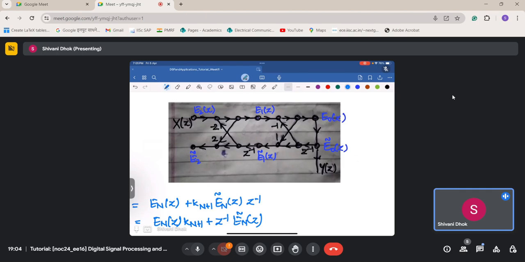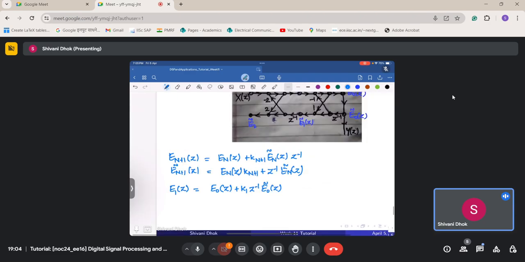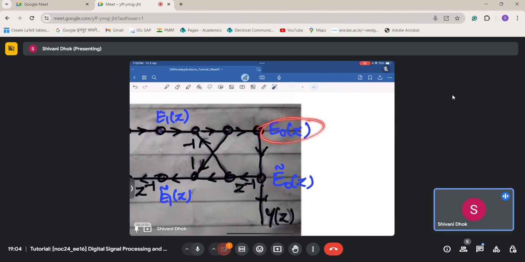Okay, so now let us start with stage 0. So for this we have stage 1. So for this we have E1 of z equal to E0 of z plus K1 z inverse into E0 tilde of z. So this E0 tilde and this E0 tilde, and this E0 is equal to y of z, and this thing here is minus K1 and this thing here is K1.